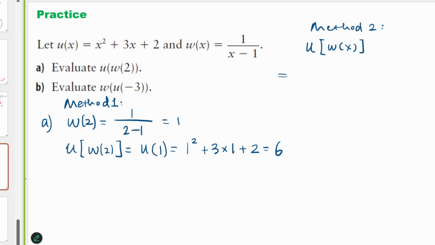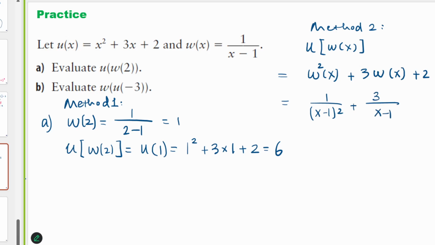So what is u of w(x)? We simply use w(x) as the input of u, right? So that is w(x) squared plus 3 times w(x), then plus 2. And then insert the expression of w(x) there. So that's 1 over x minus 1, squared, plus 3 over x minus 1, then plus 2.